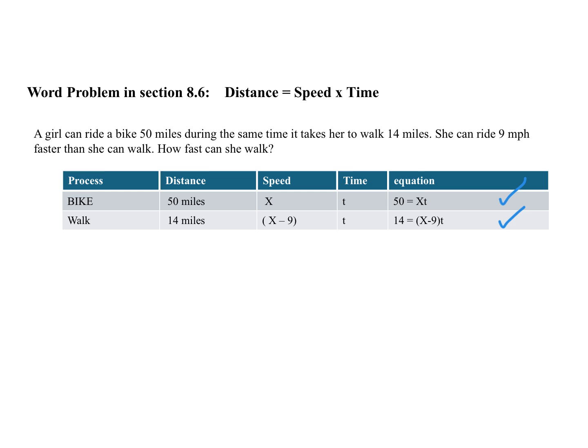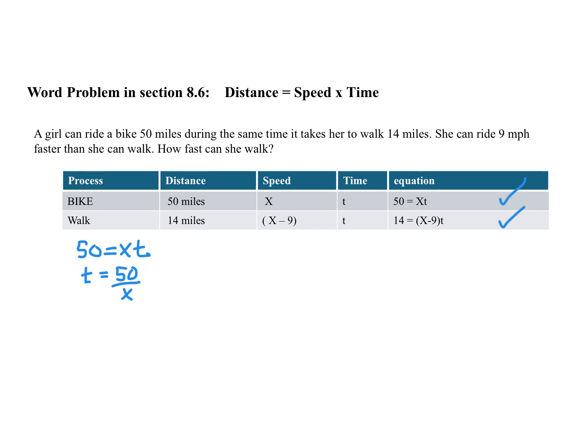And now we'll use the first equation and we'll solve for t and substitute that into the second equation. So in this case, we have 50 is equal to xt. Solving for t, we see we get 50 over x.